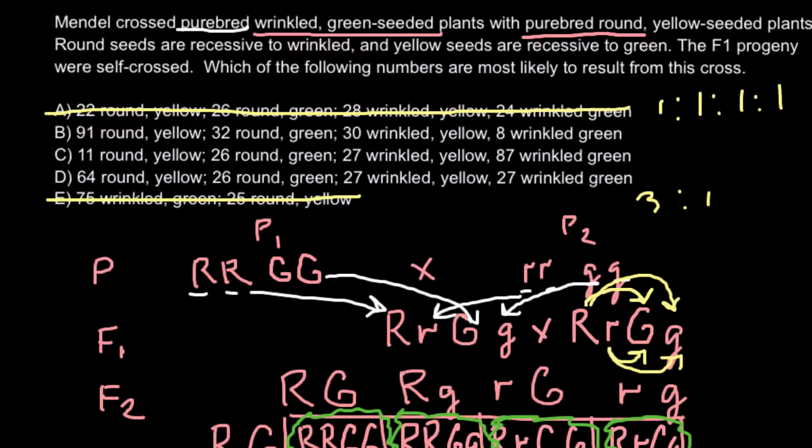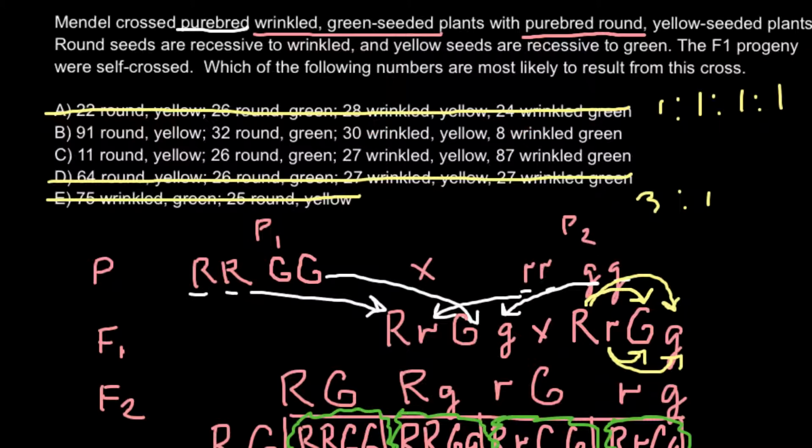In answer D, if we divide by 10, for example, this is going to be 6 to roughly 2.5, 2.5, 2.5. So we can also cross out this answer. And let's analyze answer C. We have 1 to say 2.5 or 3, 2.5 or 3 here, and 9. So it looks like it can be our answer. But in answer B, we also have a ratio that is 9 to 3 to 3 to 1.